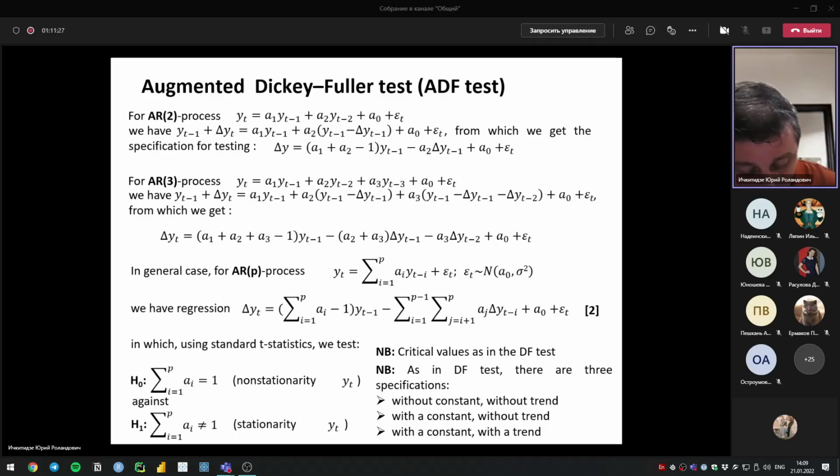This is the number of lags for your autoregressive model that you fit according to the path of your delta y, i.e. the first difference of the indicator analyzed for stationarity. Accordingly, by setting this number of lags that are tested in the extended Dickey-Fuller test, you get one or another specification, which affects the p-value of your hypothesis about the non-stationarity of the time series against the hypothesis of its stationarity.